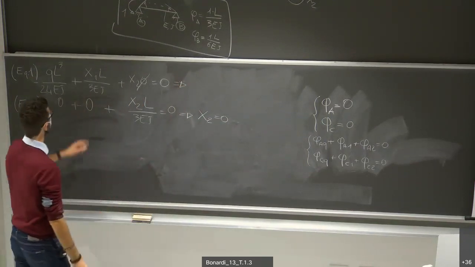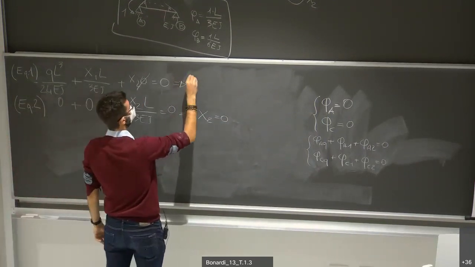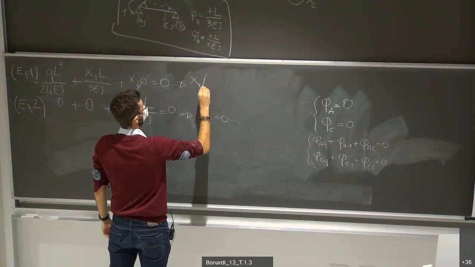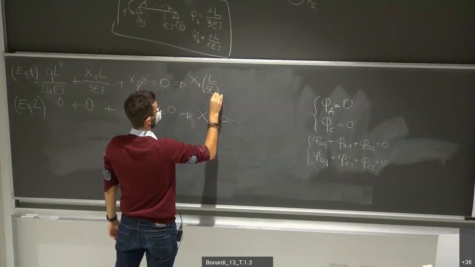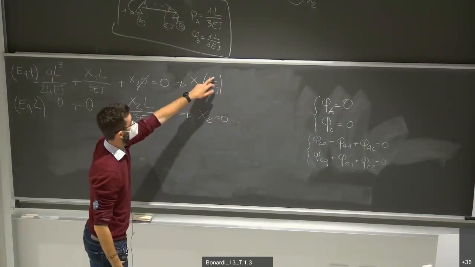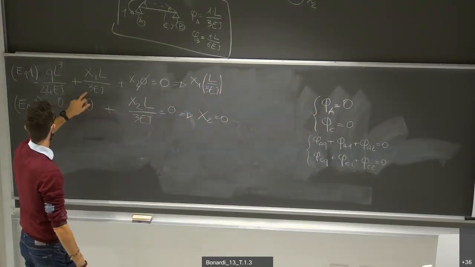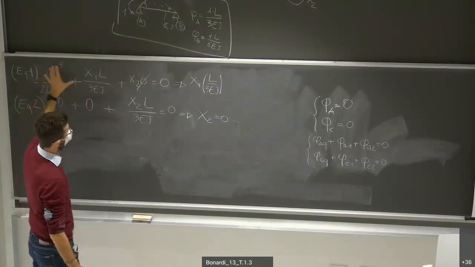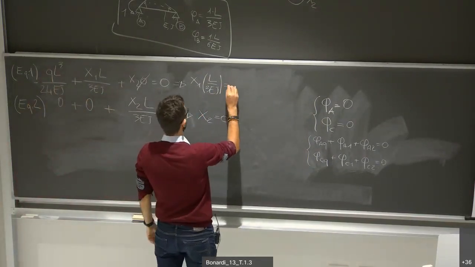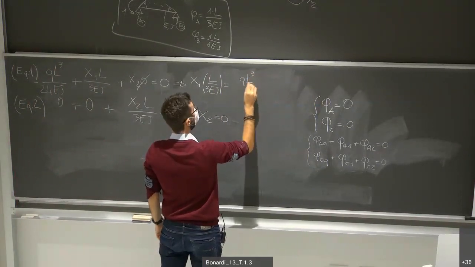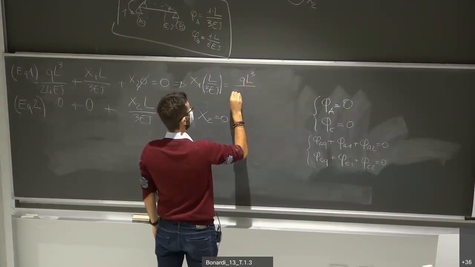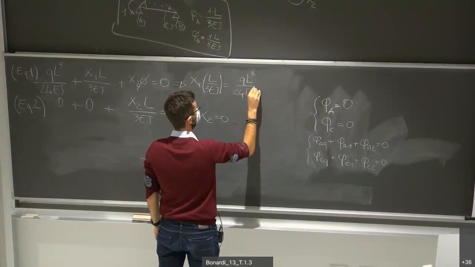Well, x1, I will do all this stuff to avoid mistakes. Multiply times L over 3 iota. We take this on the right hand side, we change this sign. So it is Q L to the power of 3, 4 iota.